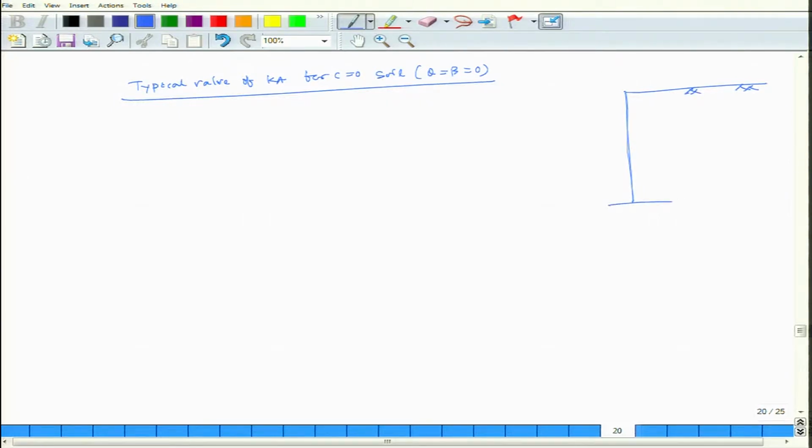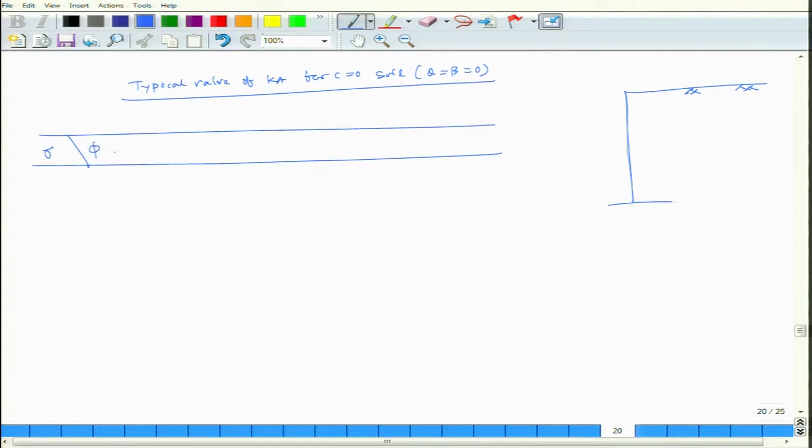what is the typical value of Ka considering Coulomb's theory? This is delta, this is your phi, which is 25 degree, 30 degree, 35 degree and 40 degree, and here delta is 0 degree, 10 degree, 20 degree and 30 degree.